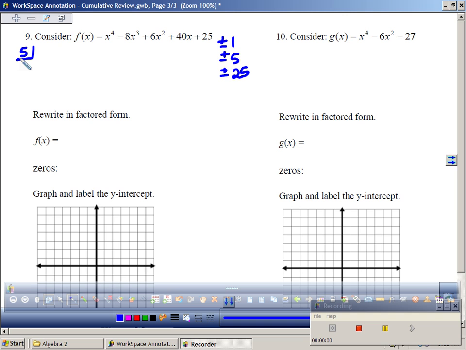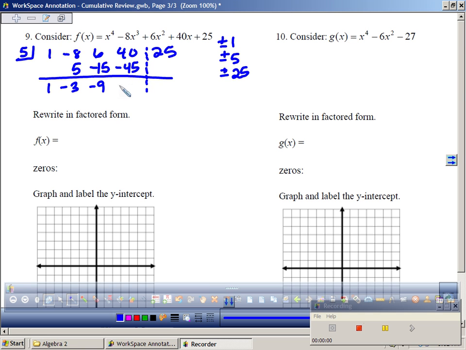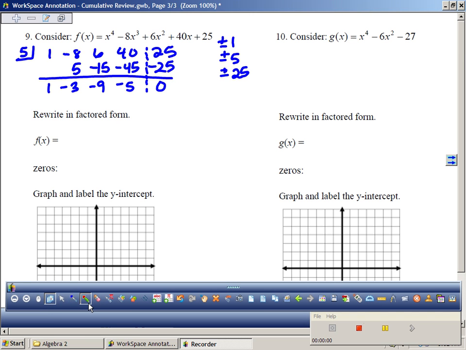So if I use long division, or not long division, but synthetic division, I've got a 1, a negative 8, a 6, 40, and 25 as my coefficients and constant. When I do synthetic division, I bring down the 1. 1 times 5 is 5, negative 3, negative 15, negative 9, negative 45, negative 5, negative 25, and that gets me my 0.